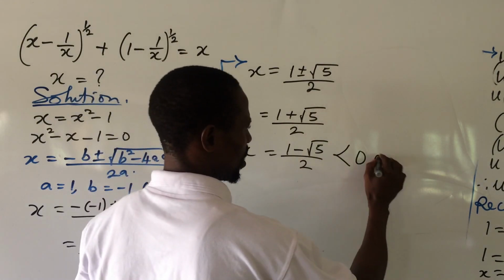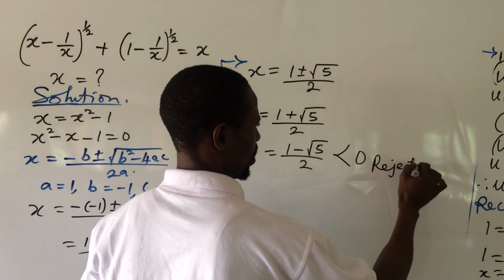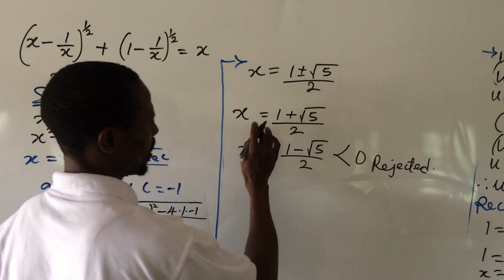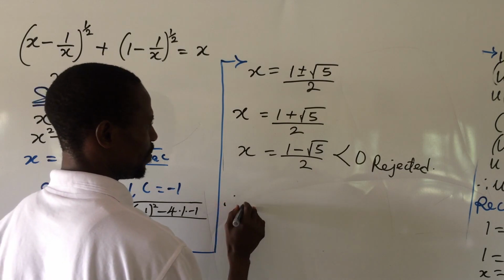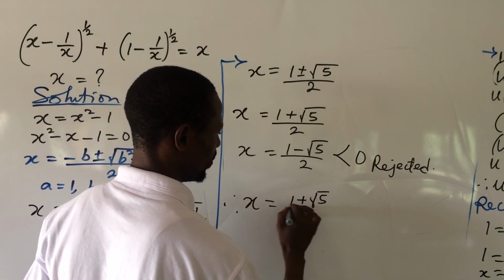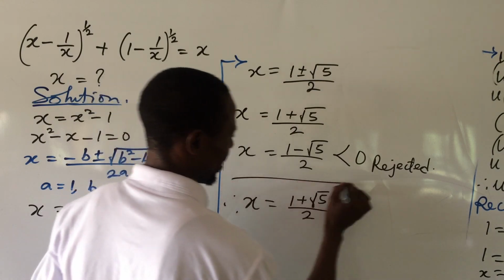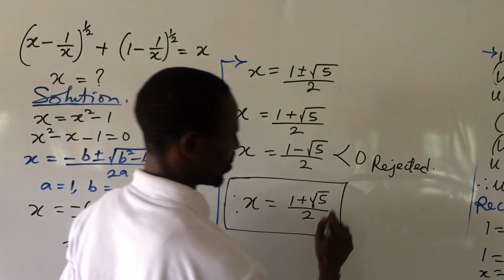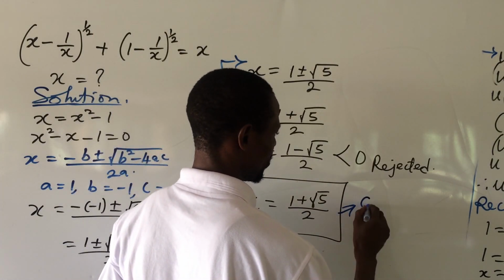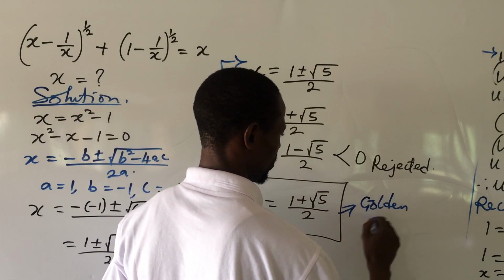And so this solution is rejected. The only accepted solution is this one here. So therefore, in all, x is equal to 1 plus root 5 all over 2, and this is what we call the golden ratio.